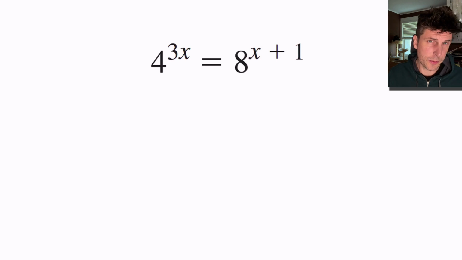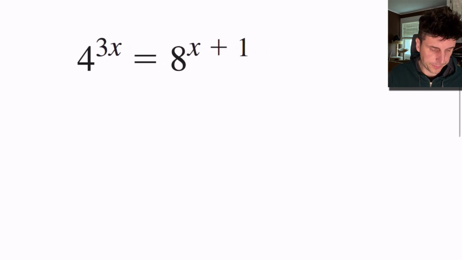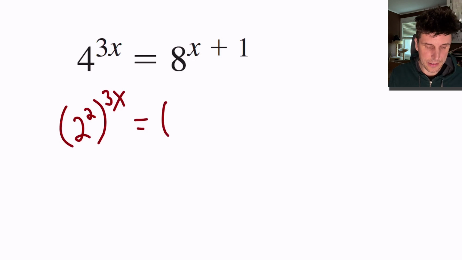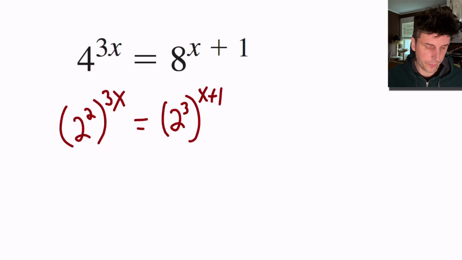So we can substitute in the base 2 equivalent of 4 and 8 and then use properties. 4 is 2 squared, so I'm going to replace 4 here with 2 squared to the 3x power. I'm going to do the same with 8. 8 is the same thing as 2 cubed, and that's going to be to the x plus 1 power.